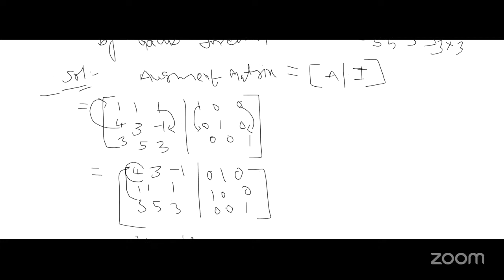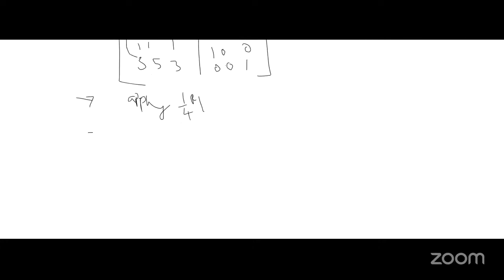So when you do 1 by 4, that implies it becomes 1, plus 3 by 4, minus 1 by 4.